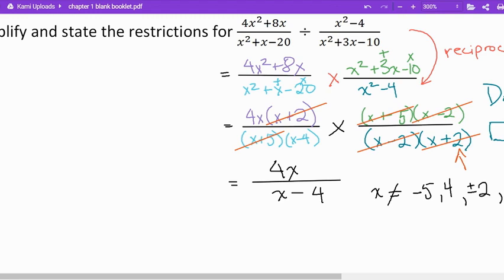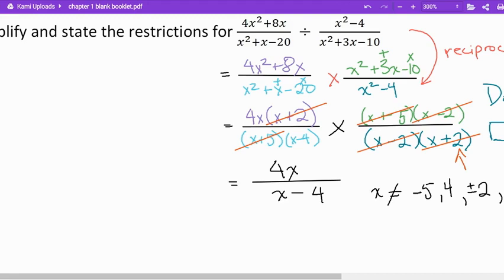Now, here's a question. How many people did restrictions for the light green expression? Oh, no one did? Folks, was the light green expression ever in the denominator?